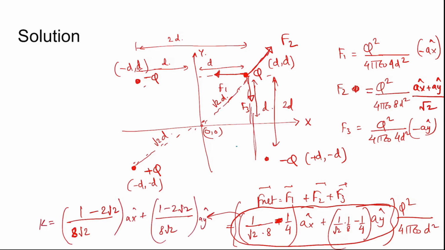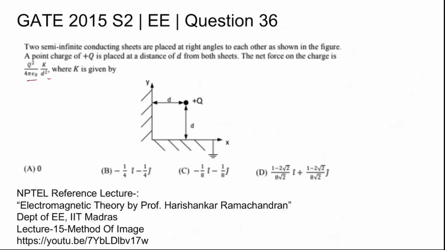So this is the value of k: 1 minus 2 root 2 by 8 root 2, 1 minus 2 root 2 by 8 root 2. Ax cap is i cap and ay cap is j cap. So D is the correct option, right?